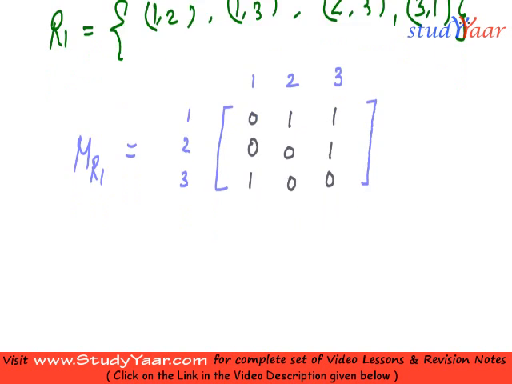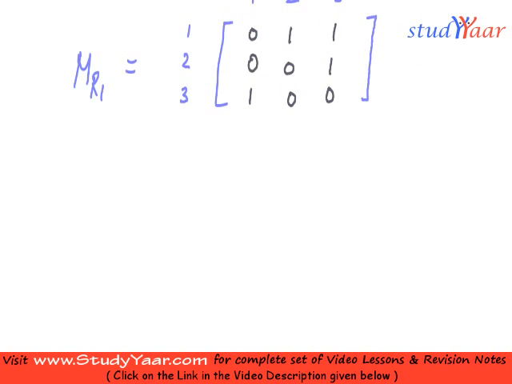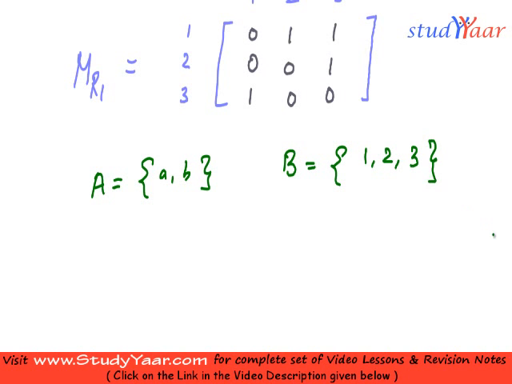Okay, let us take another example. Let us assume that A is equal to {a, b}, and B is equal to {1, 2, 3}.